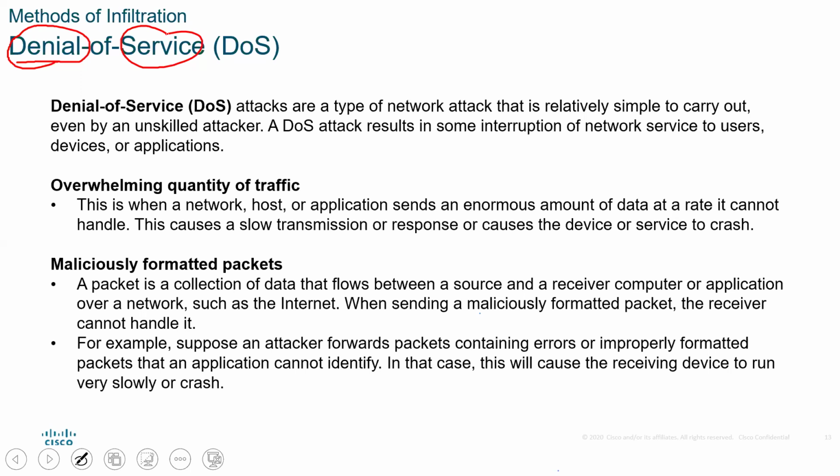And how does it do it? One, by overwhelming quantity of traffic. This is when a network, host, or application sends an enormous amount of data at a rate it cannot handle. This will cause a slow transmission or response, or cause the device or that service to crash.